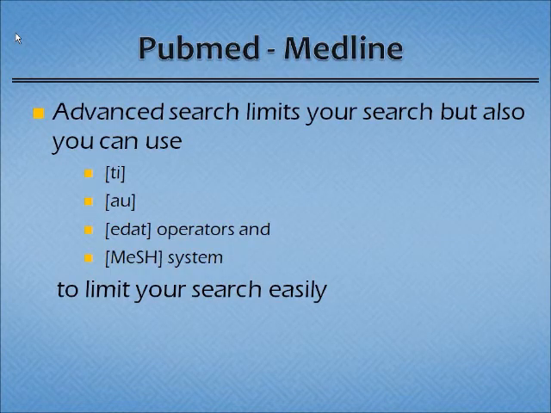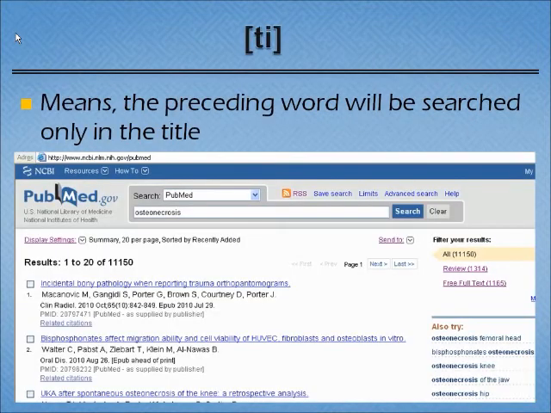And let's talk about some tools that we can use on PubMed, which is more related to PubMed, not related to Google, not included in Google. These are some limitation words. With these words, we reach some results that I will explain to you in a few minutes.